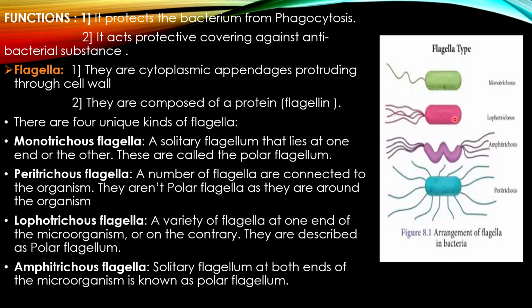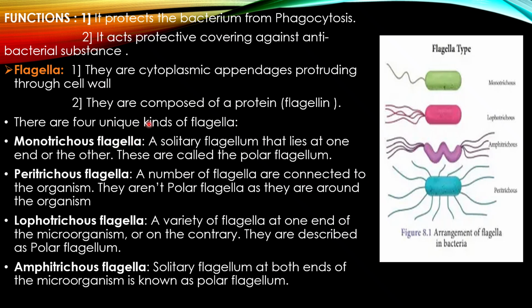That is, only with the help of flagella, a bacterium can move from one place to another. They show motility because of the flagella, and they are composed of a protein called flagellin. So yes, the flagella is made up of a protein called flagellin.